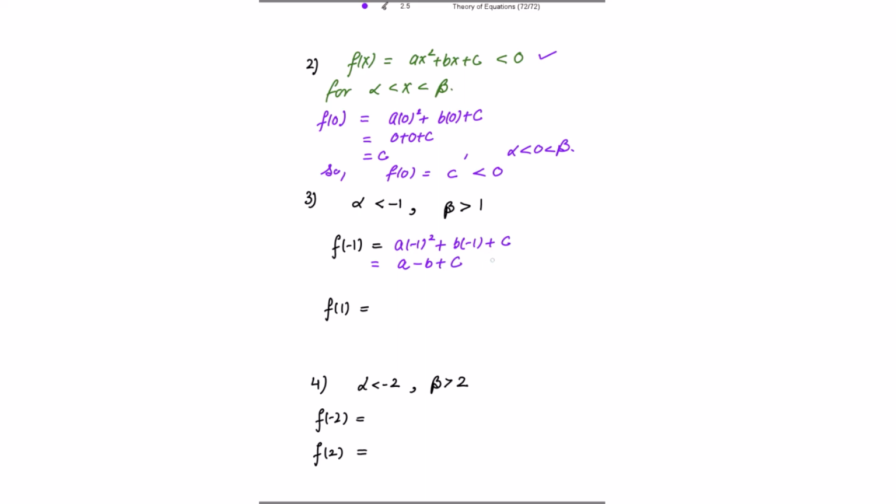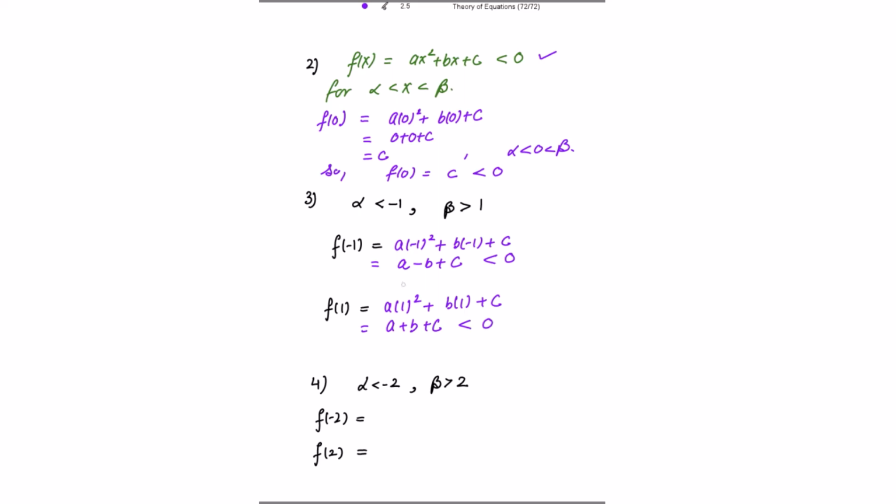So this value should be strictly negative, right? According to the second remark. And what is f of 1? It is a into 1 square plus b into 1 plus c, that is equal to a plus b plus c. This is also strictly less than 0.